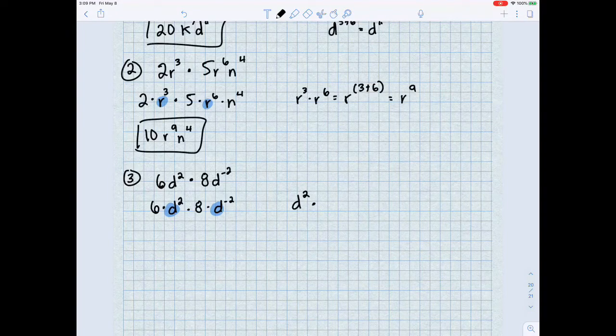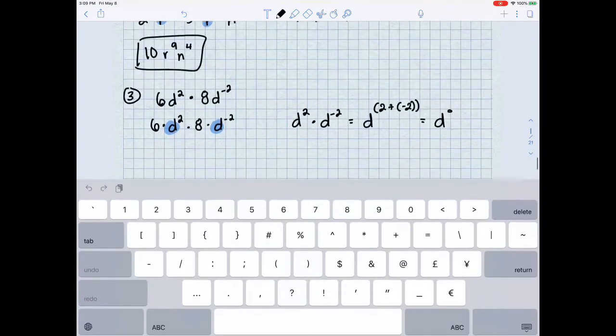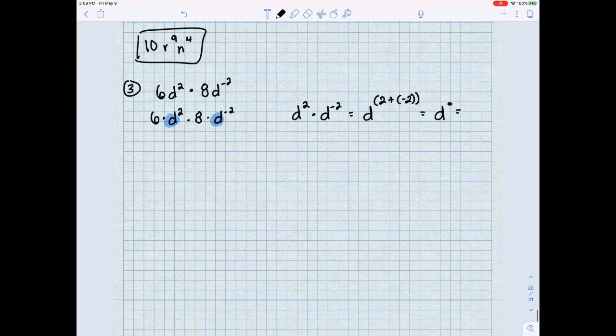So d squared times d to the negative second power is the same thing as d to the 2 plus negative 2 power, which we know is 0. So d to the 0 power, and anything raised to the 0 power is just 1. So 6 times 8 is 48. 48 times d to the 0, or 1, is just 48. That's my answer.